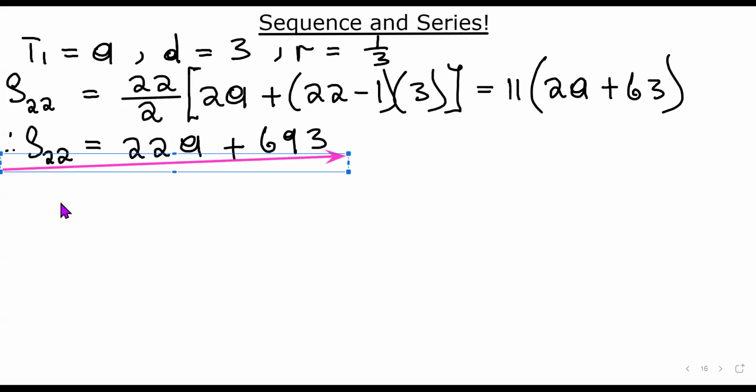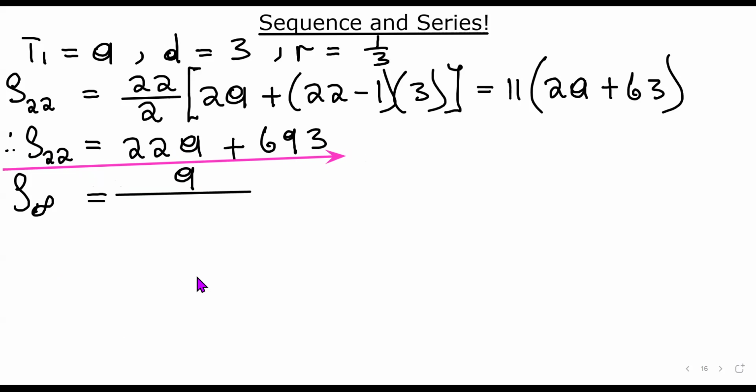Now it's time to find the sum to infinity. In order to find the sum to infinity, we only need the first term as well as the constant ratio. Well, the first term is given to us as a. We don't know what the first term is, but we know that it's the same for both of these sequences. And the constant ratio is actually given to us as a third.